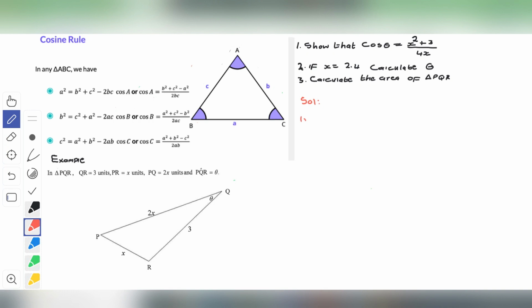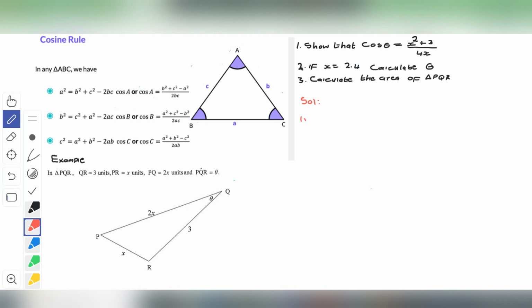Whenever they say cosine of theta, just know that you need to use the cosine rule. Whenever they say show that cosine of theta is equal to this term, you need to use the cosine rule. And if the question says show that sine theta is equal to this term, you're going to use the sine rule, right? So that is the trick that you need to know whenever solving this kind of equation.